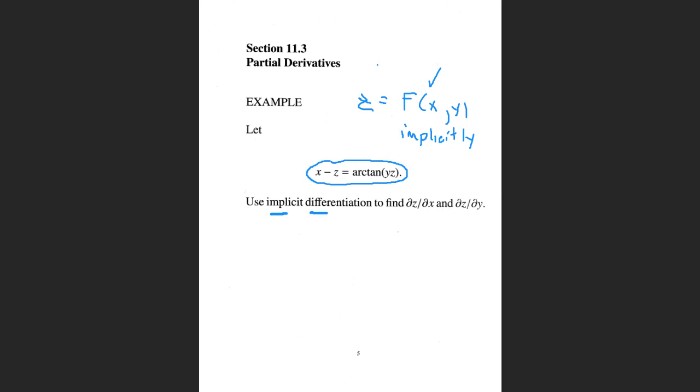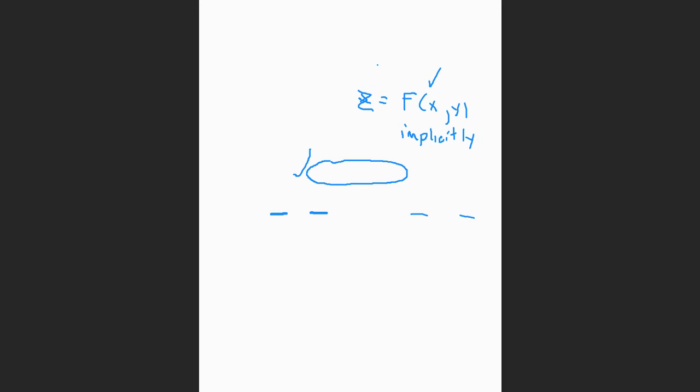But we know as x and y change that this variable z changes, and so we ought to be able to find these first partial derivatives, the rates of change. If we regard z as a function of x and y, because in this equation, if you give me an x value and a y value, you can solve for the z value.